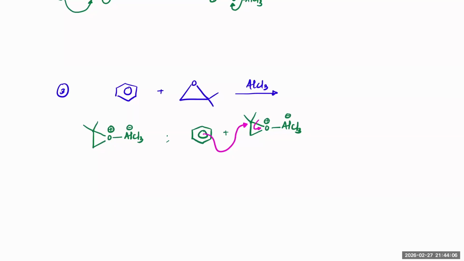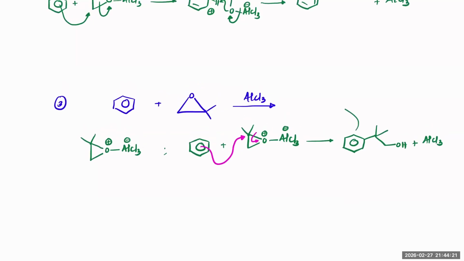You could imagine that at that position the carbocation is more stable. Hence, the final product you will get here has two methyl groups connected to one more methyl with an OH group. This is the final product. So this is the same product which you can write down here as well.